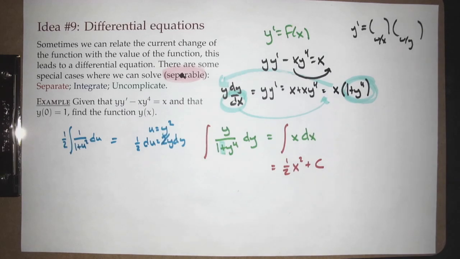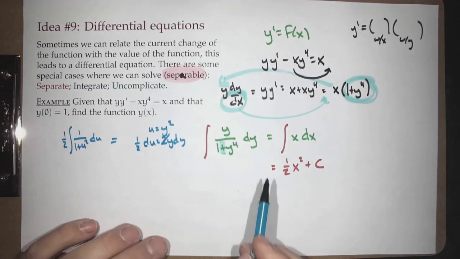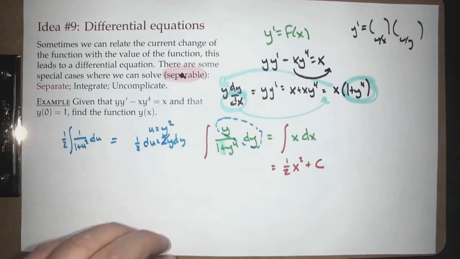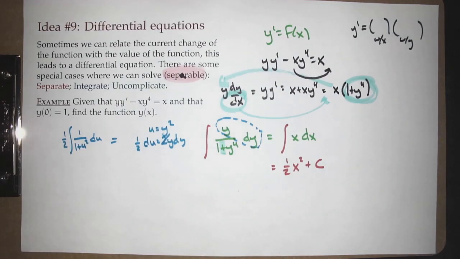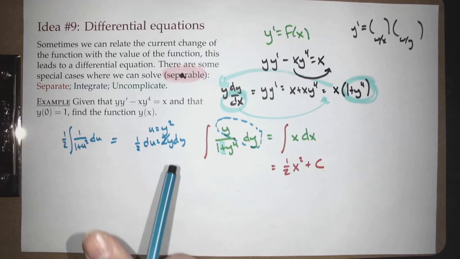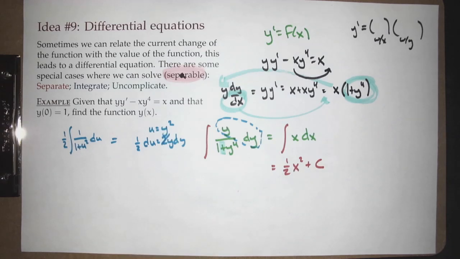Because y to the 4th is y squared squared. This is a case where essentially what we were looking for is this part right here was a nice derivative of something. Right? You either look for something on the inside or look for something which has a nice antiderivative. And the y dy has a nice antiderivative. It's y squared up to a constant. So that was like, oh. So go with a y squared substitution.